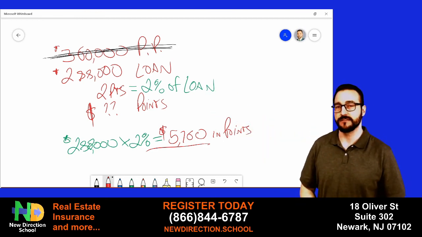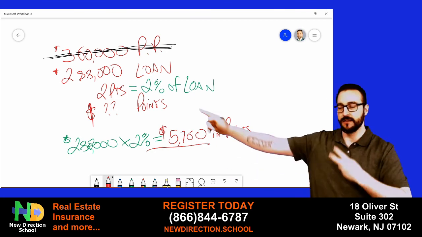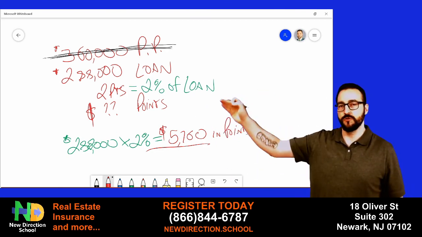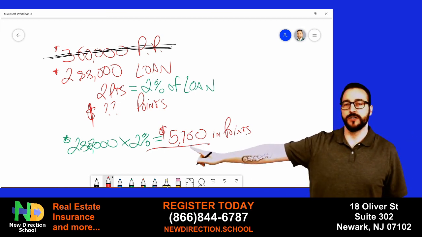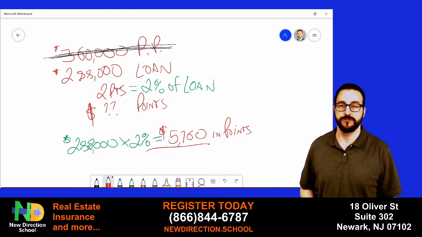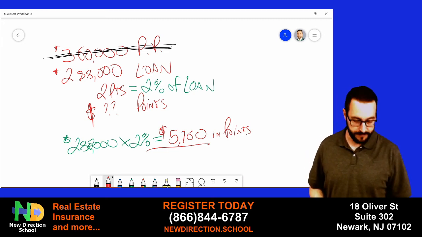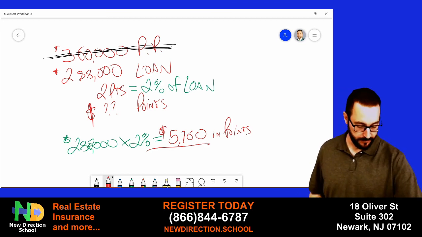In this case, cross one out, and we just needed the other two pieces, which is the loan and the points. 2 points, 2% of the loan. Simple. 288,000 times 2%, 5,760 in points. All right. So that was a simple one.